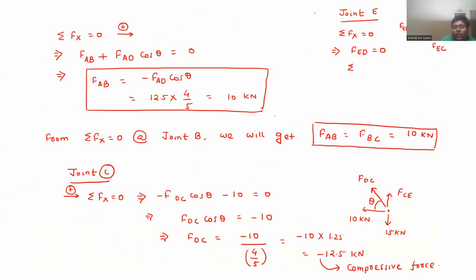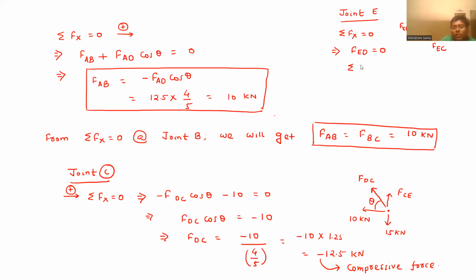Now, similarly, when we do summation of Fy equal to 0, we will get FEC equal to 22.5 kilonewton.